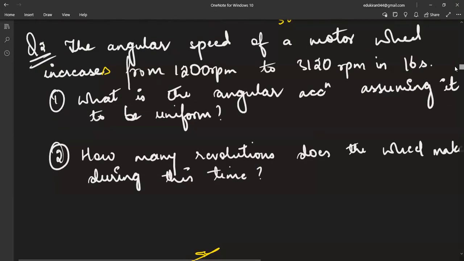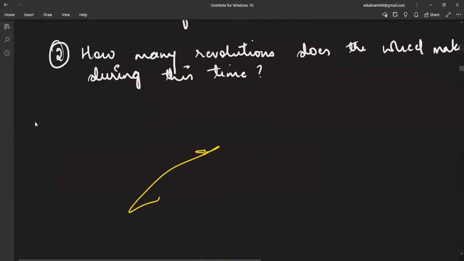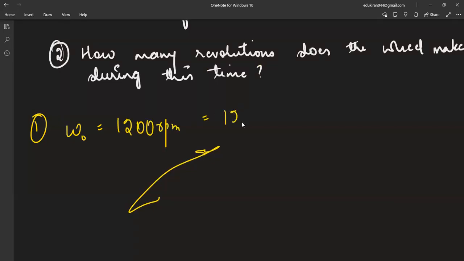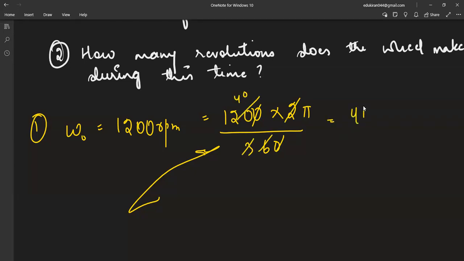All right. So yes, it is asking angular acceleration in the first part. See, omega naught was given as 1200 RPM. So that becomes 1200 into 2 pi divided by 60, or pi by 30. So this becomes 40 pi radian per second, the initial velocity.